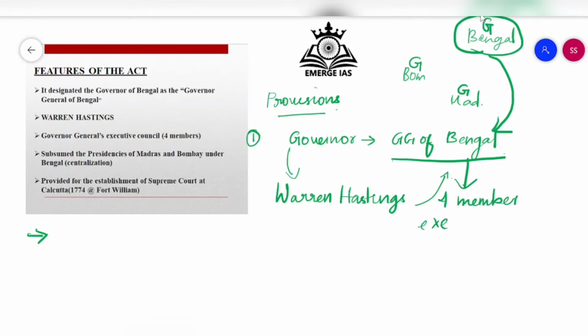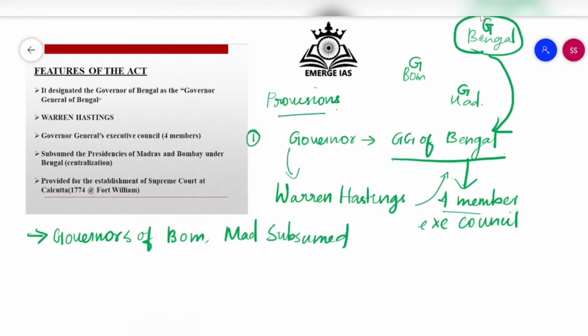And the important thing next is, the Governor-General was meant to be a central head. That means the presidencies of Bombay and Madras were subsumed under Bengal. This is the thing I told you earlier, centralization. Centralization means we know that there will be a central government and there will be provincial or regional governments, right?